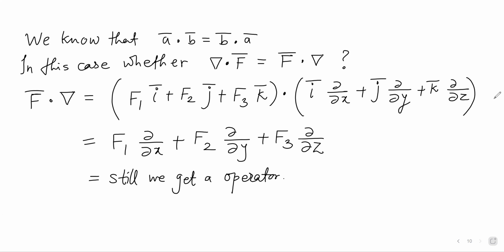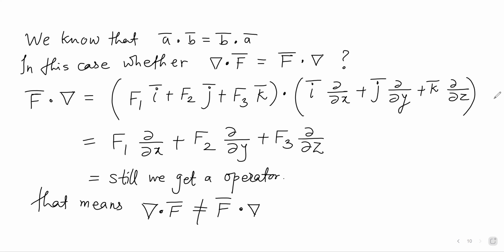So that means del dot f bar is not equal to f bar dot del. Okay, so please remember this. Even if the dot product of two vectors is commutative, if one of them is a del operator, then in that case it never commutes.